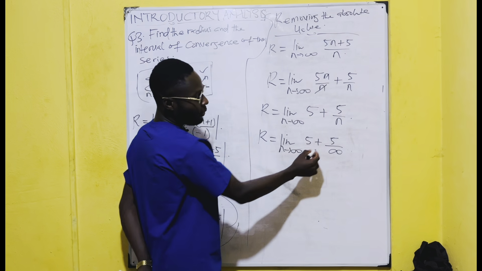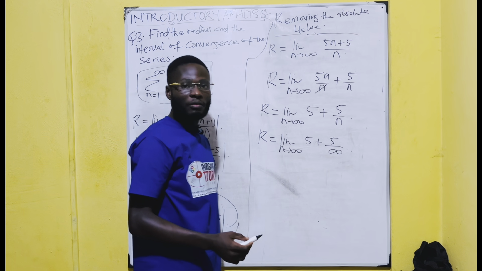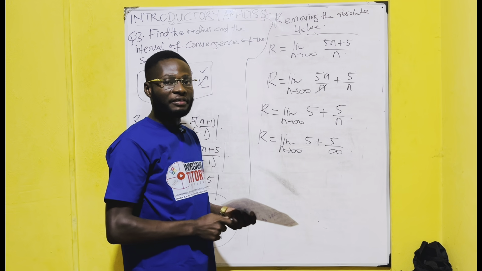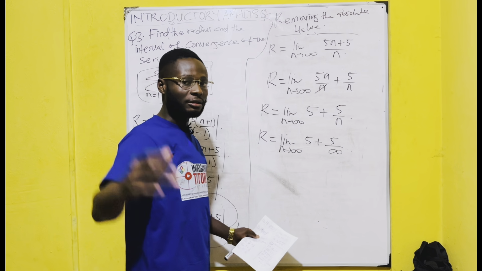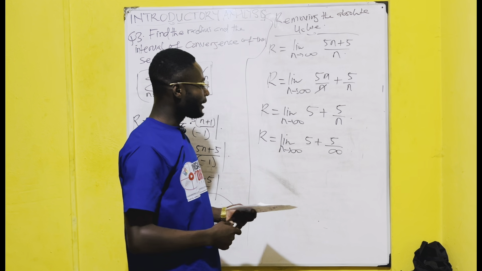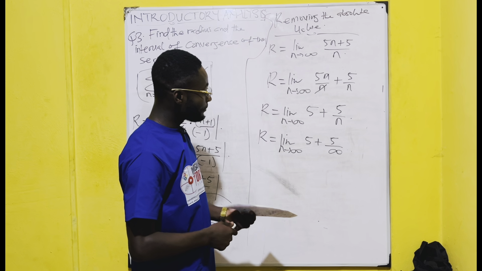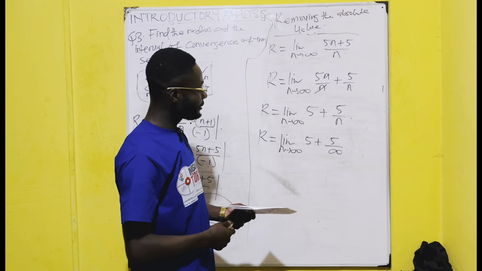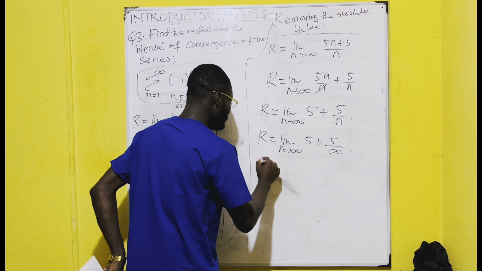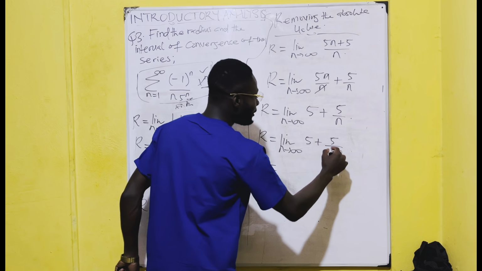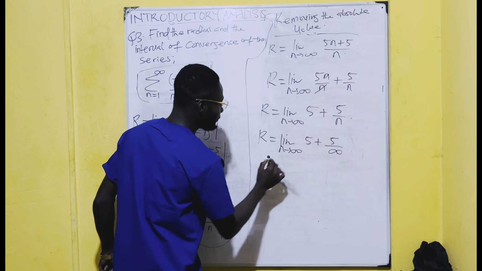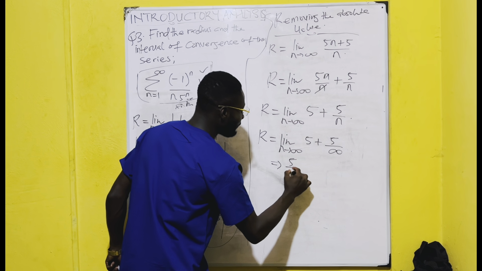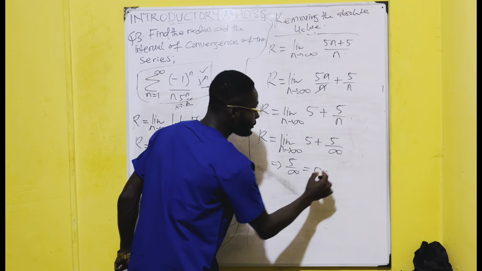Now, what is a number over infinity? A number over infinity means it is approaching what? 0. So we say that that becomes 0, right? This implies that 5 over infinity is 0.